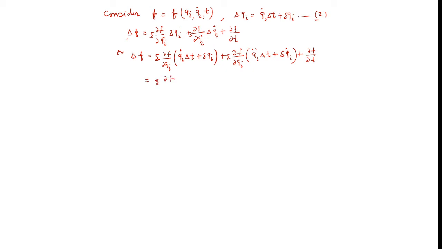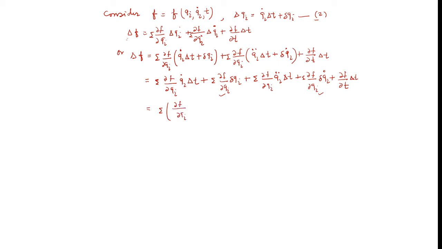Solve it: partial f partial qi dot delta t, partial f partial qi delta qi, partial f partial qi dot qi double dot delta t, partial f partial qi dot delta qi dot, and partial f partial t. This partial f partial t will also have this delta t, right?